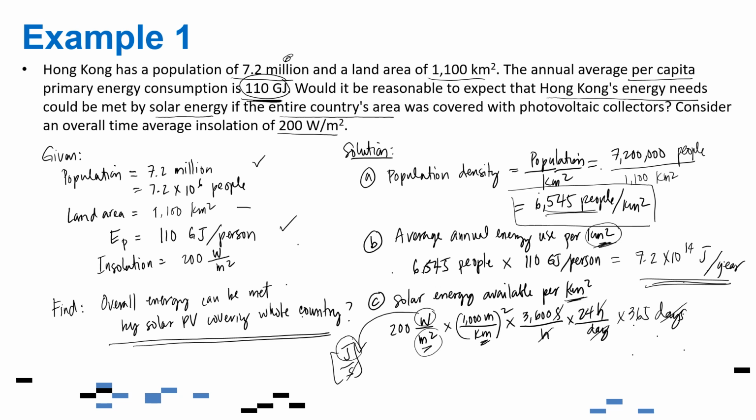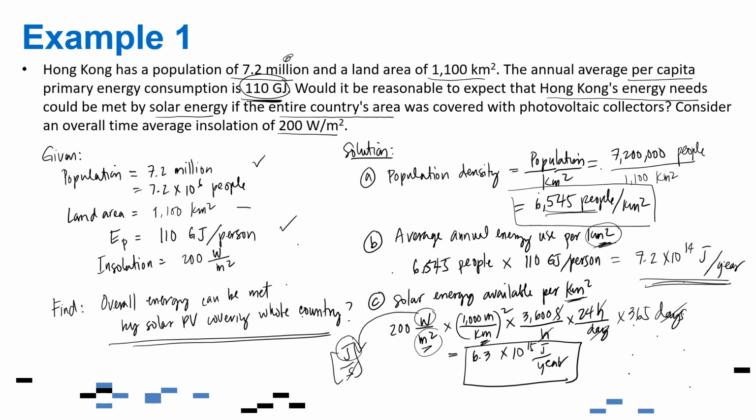In this case, the answer is 6.3 times 10 to the 15 joules per year per square kilometer. So this is the solar electricity generation by solar PV.